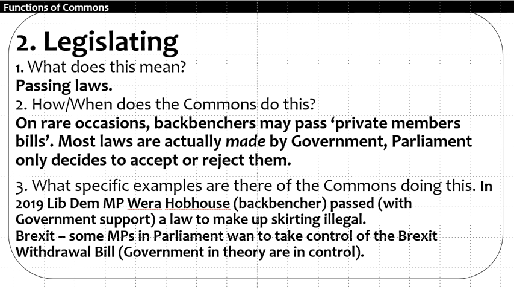The role of Parliament is to legislate as well, of course, and passing laws, not making laws, because that's generally devised by the executive, the PM and cabinet, as we looked at in the last section. But passing laws is done by Parliament. How and when does the Commons do this? It is normally done by the executive coming up with laws and pushing them through Parliament.